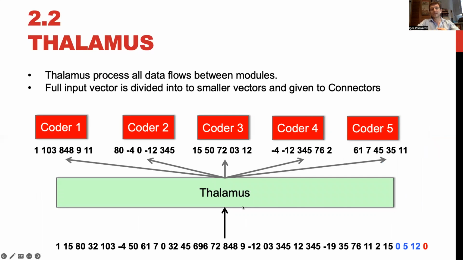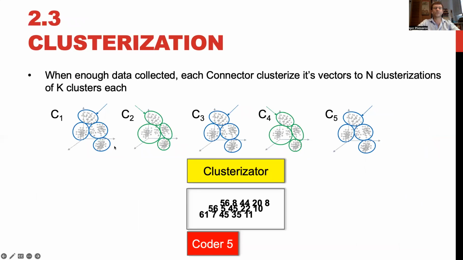The thalamus processes this input vector into smaller vectors and gives them to connectors, or coders, as we can call them. The main task of a coder is to collect enough data and to clusterize it.